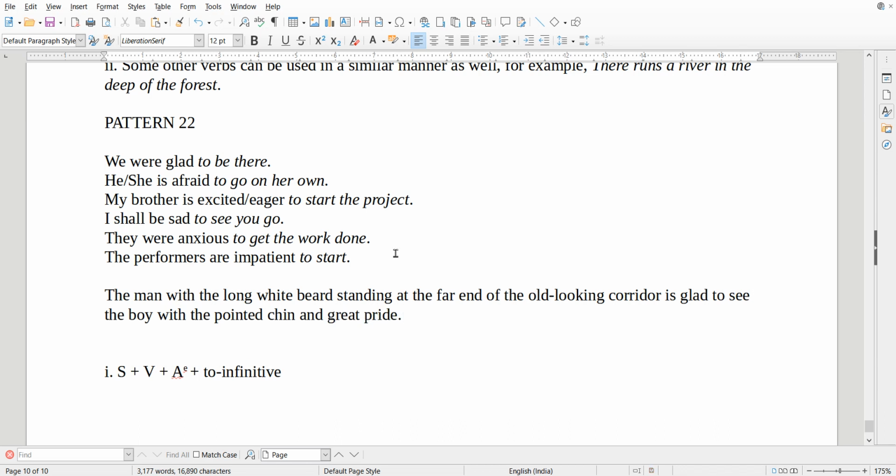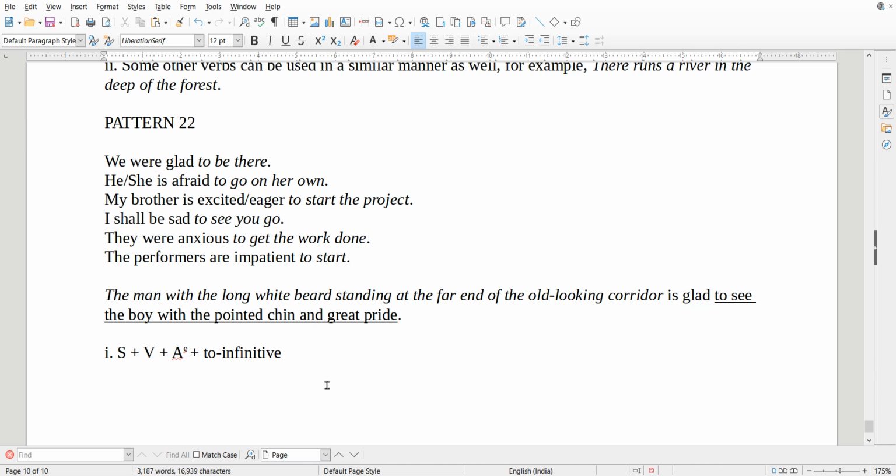So the subject is this, the infinitive phrase is this. The verb is to be, and glad is an adjective expressing emotion. So that's the structure. Generally, you can say that verbs talking about states can be used in this pattern.